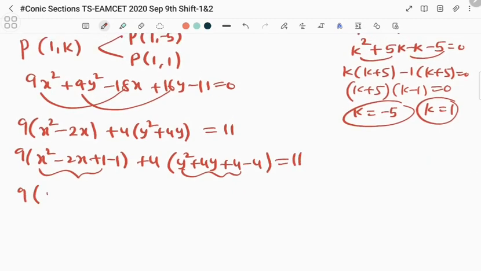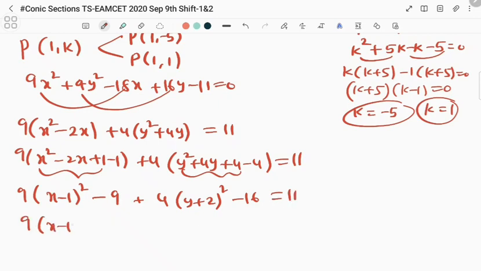So 9 times of x minus 1 whole square minus 9 plus 4 times of y plus 2 whole square minus 16 is equal to 11. Minus 25 we can take this side.